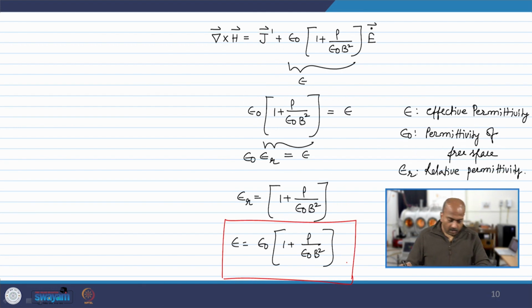So, in essence, we can simply say that plasma in the presence of a time varying electric field behaves like a dielectric with permittivity as given by this. We can see this as the factor by which the electric field between the charges is decreased in comparison to free space or vacuum.